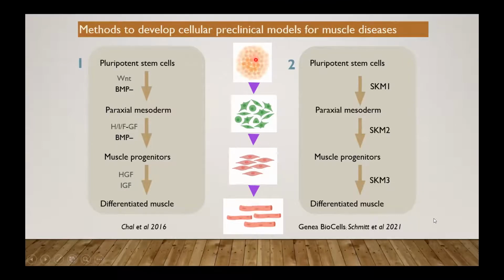When we are able to derive skeletal muscle from patient-derived pluripotent stem cells, they will serve as preclinical models. The two methods involve the same steps, but different protocols that allow us to generate skeletal muscle in the lab, starting from stem cells. This is a published method, and this is a method which uses proprietary media components.